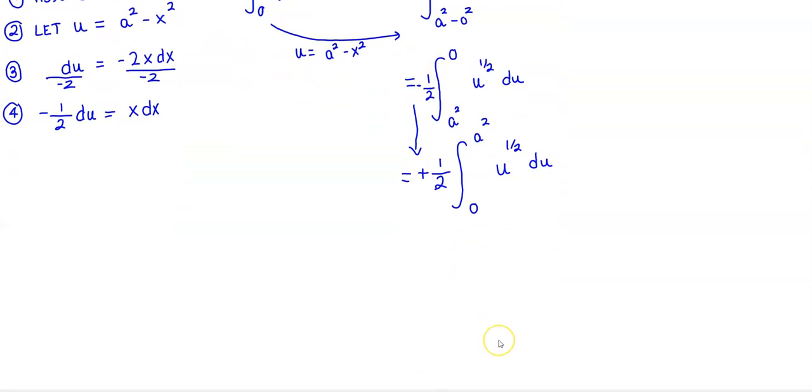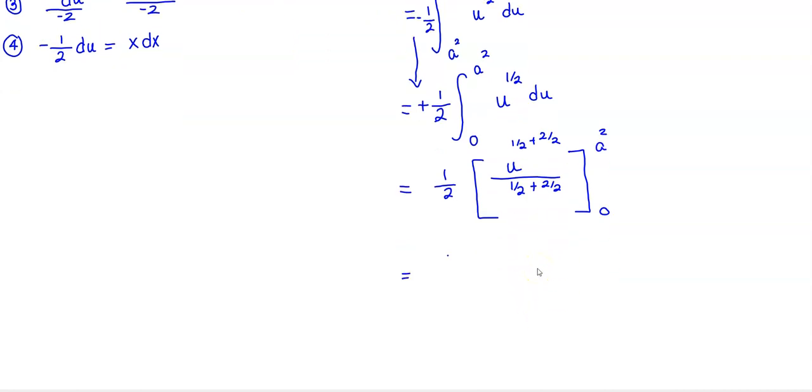So now we're going to go ahead and take the antiderivative of u to the 1/2. So the antiderivative of u to the 1/2 is u to the 1/2 plus 1, which is 2/2, divided by 1/2 plus 2/2. And then we're evaluating it from 0 to a squared.